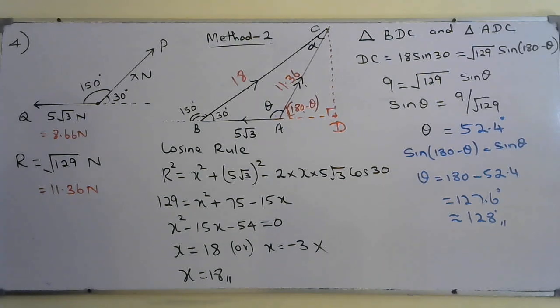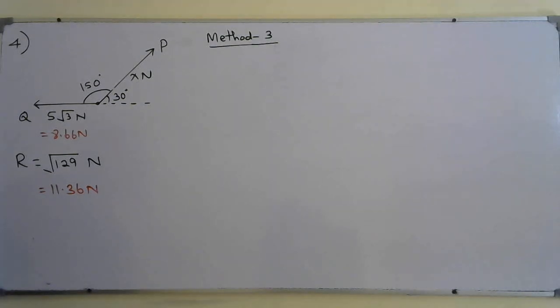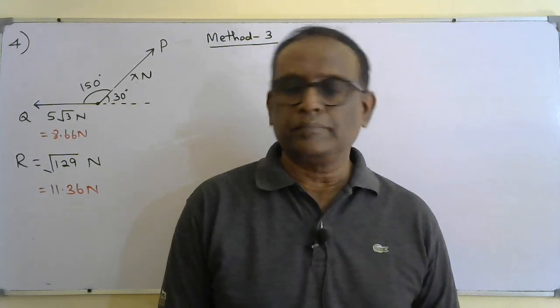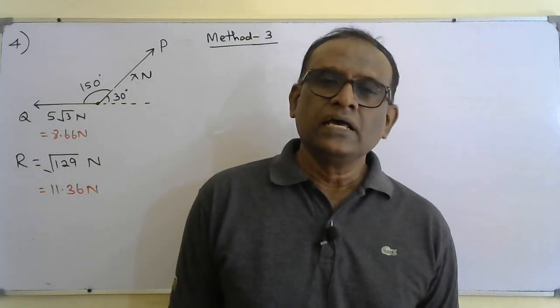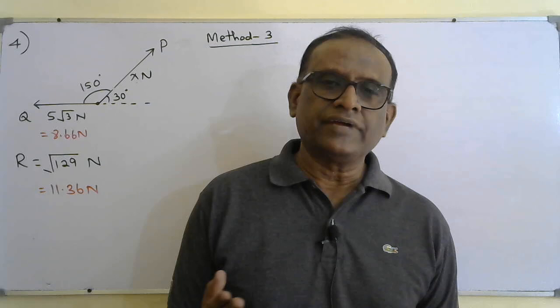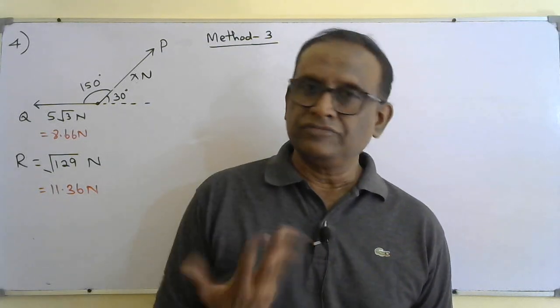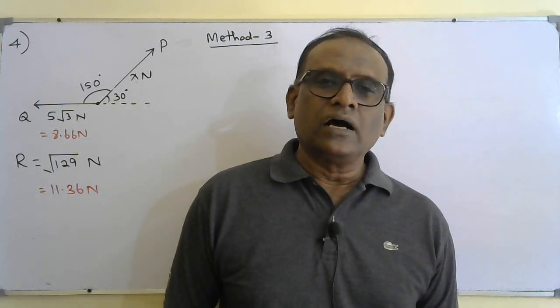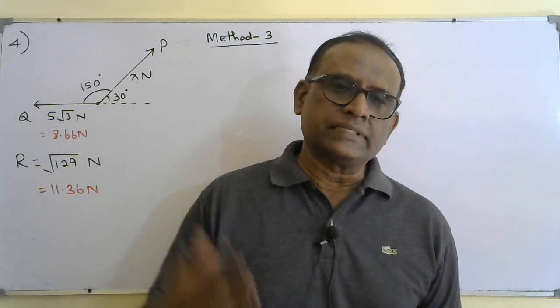Okay, method 3. Next I'm going to do method 3, the normal method, resolving the given vectors. Method 3 is a very simple method, but it might take longer steps. Resolve all the given vectors into the horizontal direction. In physics, we don't use the sine rule or cosine rule, so we use this method. It's also given in the mark scheme, I think.